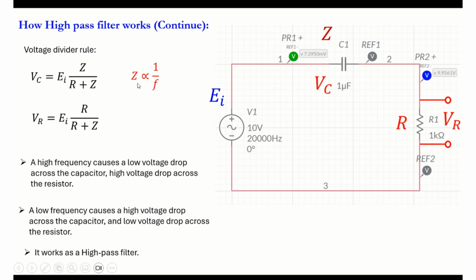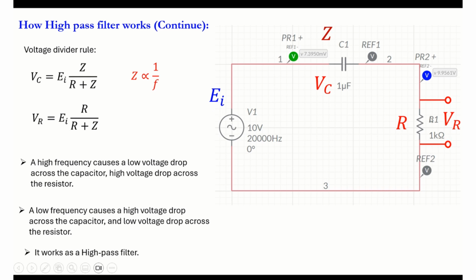Since the impedance depends on the frequency, a higher frequency will give you a lower voltage drop across the capacitor. If we have a high enough input frequency, for example 20,000 Hz, the voltage drop across the capacitor will be almost zero, and the voltage drop across the resistor will be almost equal to the input voltage.